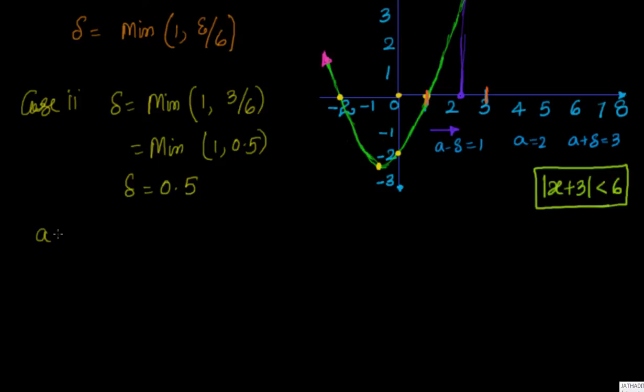So let us put down all the values. A equal to 2, delta equal to 0.5, f of L is nothing but equal to 4, epsilon is equal to 3.